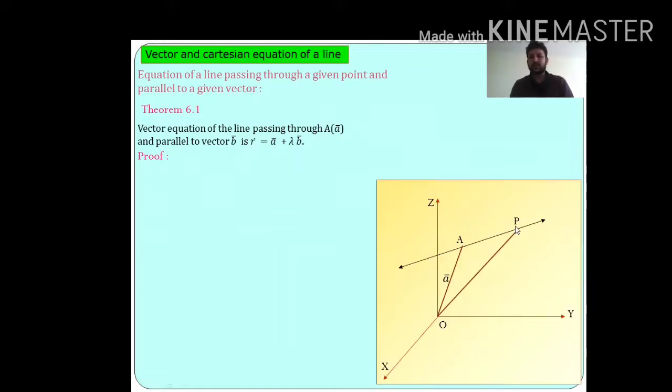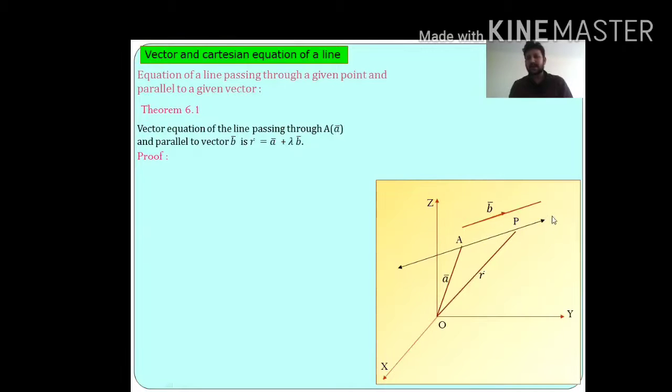Join it with the origin; the corresponding position vector OP bar is R bar. And one more vector is given, which is parallel to the line L, that is, line AP. So this vector B bar is parallel to line L.